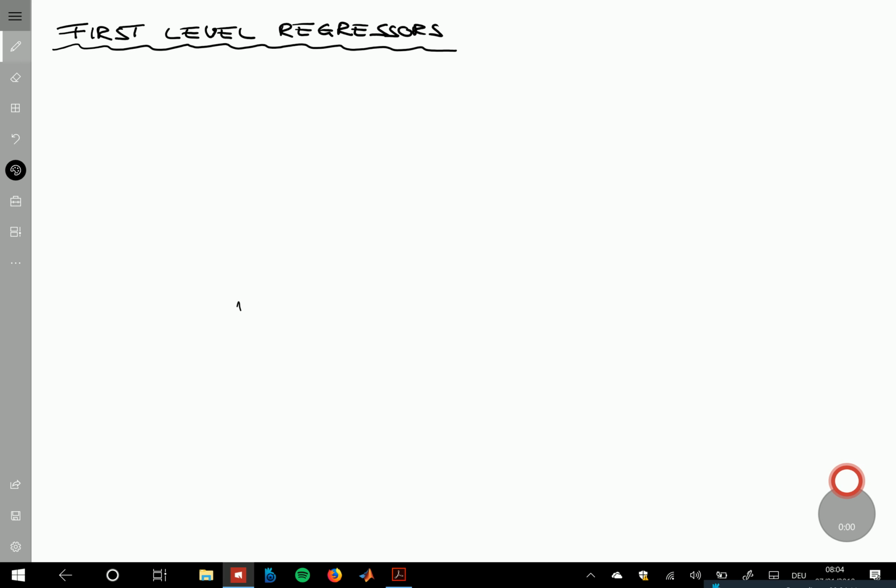Any questions? No, good. So what I want to discuss is what is called in the SPM book first level regressors, and what is in our outline called convolution.